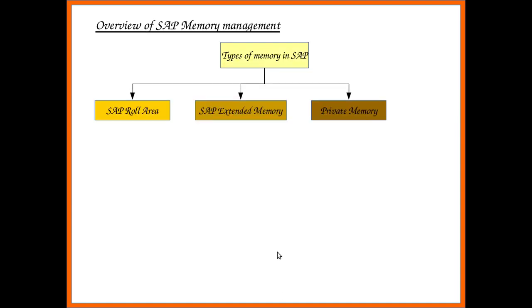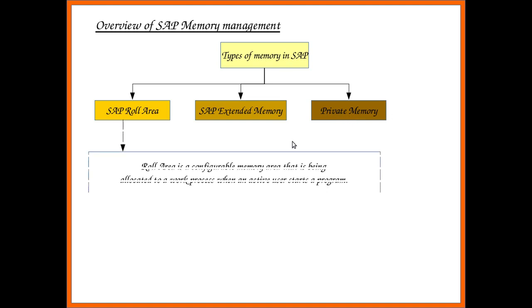Now coming to SAP memory management. Generally in SAP there are three kinds of memory available: roll area, extended memory, and private memory. The roll area is initially allocated to every program or transaction when it is getting executed by any active user.